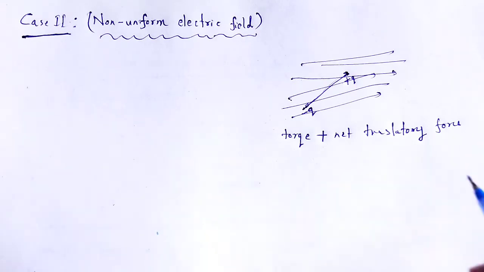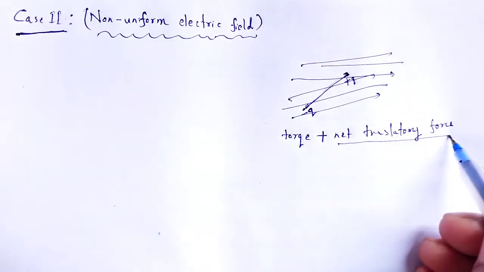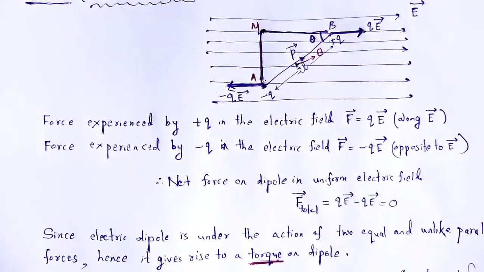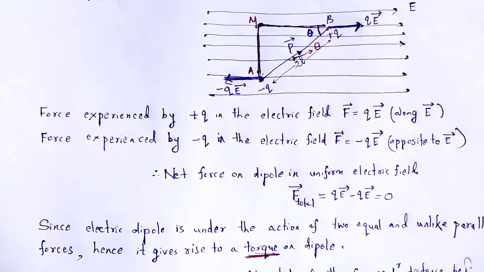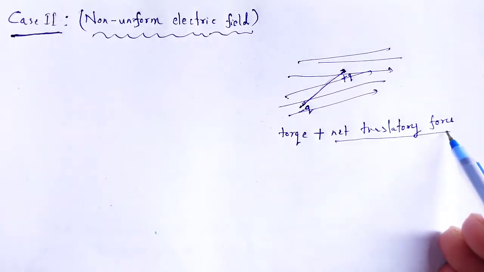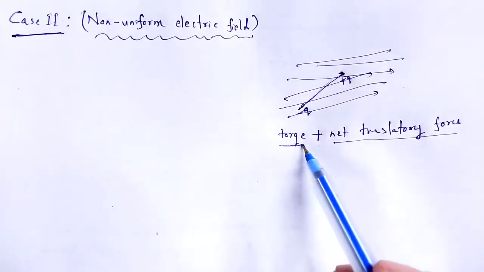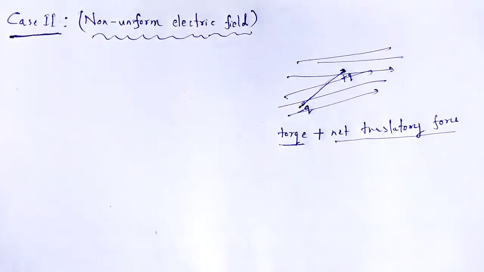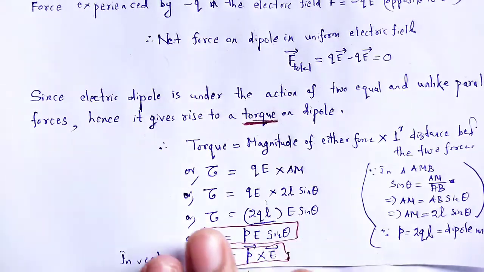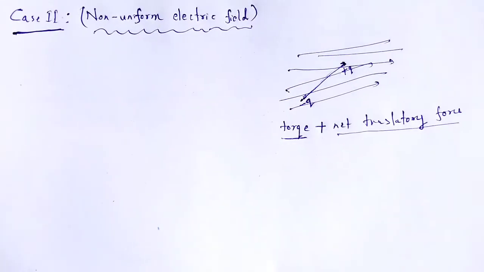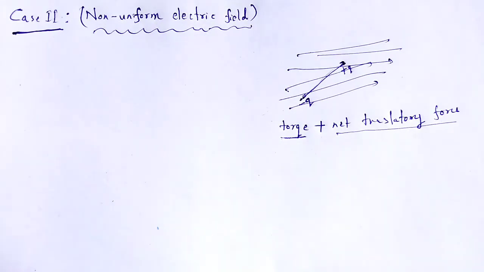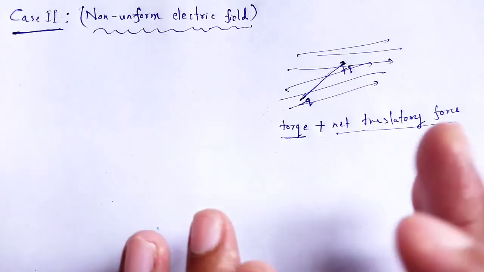That is why it creates a net translatory force. In a uniform field the net force is 0, but the torque will be there. But in the non-uniform case, both torque and net translatory force are created. We have to calculate these two.